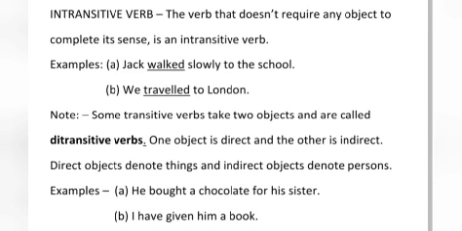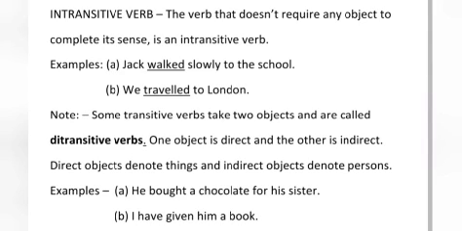I think your concept is clear, children, about transitive and intransitive verbs. Well, once more I'm telling, transitive with object, intransitive without object. So don't be confused. Now let's see ditransitive verbs.